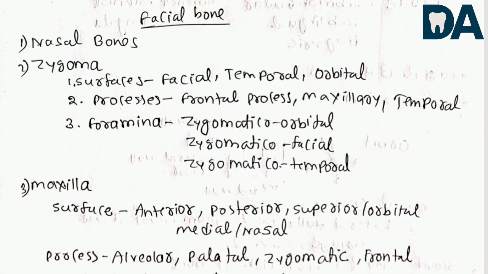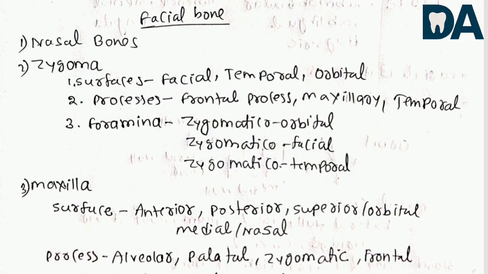First, they protect and support the entrance of both the digestive and respiratory systems. Second, they provide attachment for some muscles of facial expression. Facial expression means sad, happy, angry.